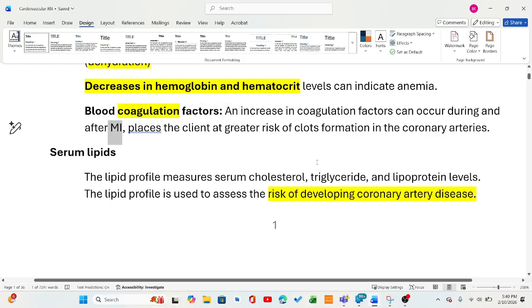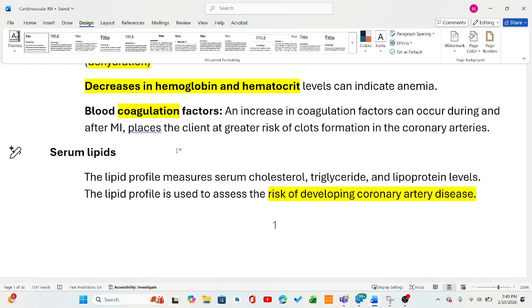In order to do that, the doctor is going to put the patient on an anticoagulant to prevent this blood from clotting, especially when the person has MI. So anytime the question says that the person has MI, one of the greatest risks is blood clot, and therefore you expect the doctor to put the person on an anticoagulant.